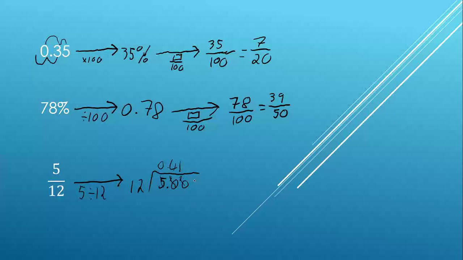So again, bring that down, 80. How many go into 80? Well, we've got 12, 24, 36, 48, 60, and 72. So that is 6 with another remainder of 8.